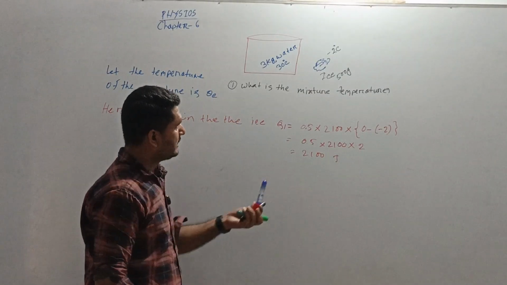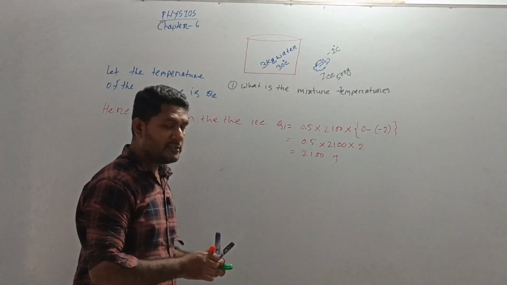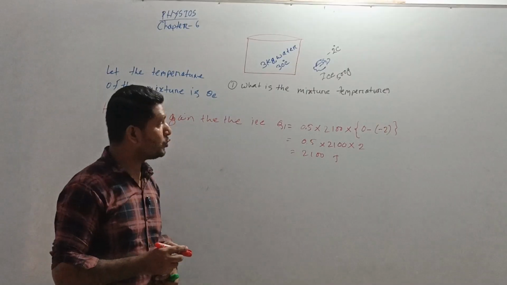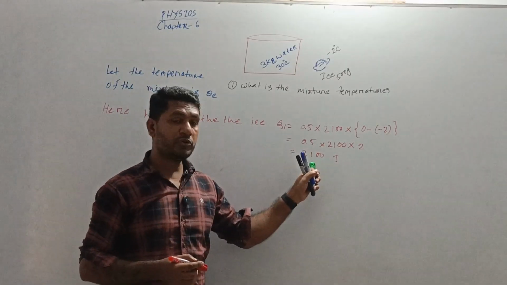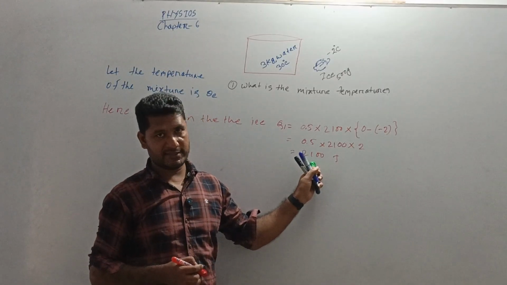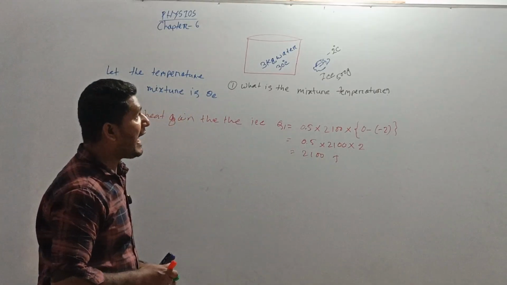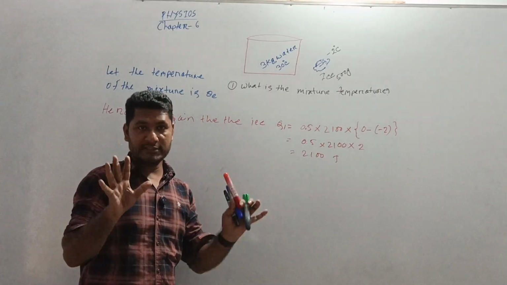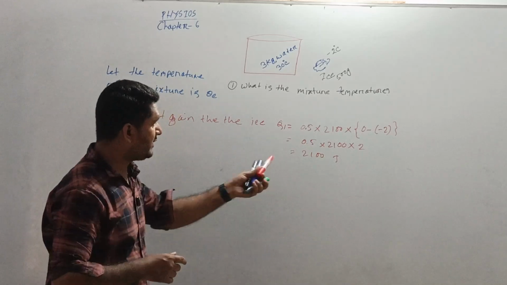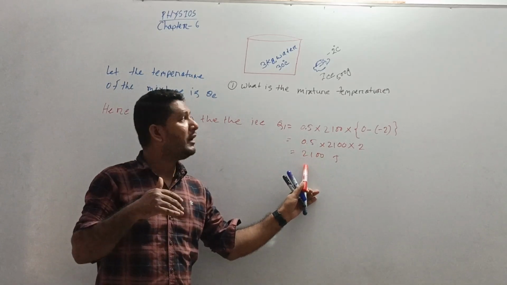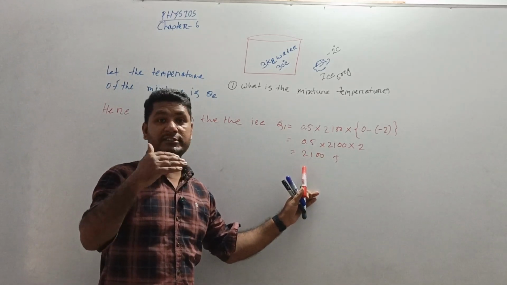That is the heat gained by the ice to come to 0 degree Celsius solid ice.